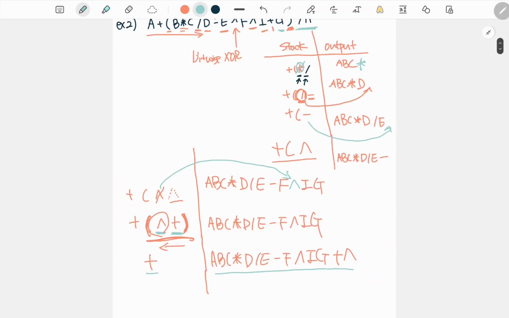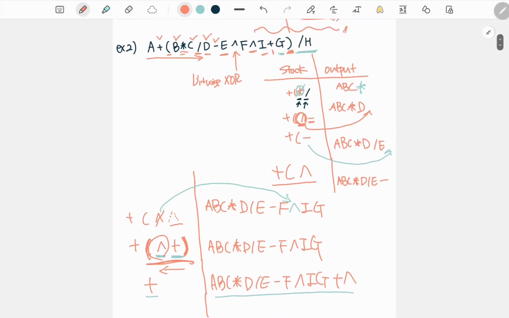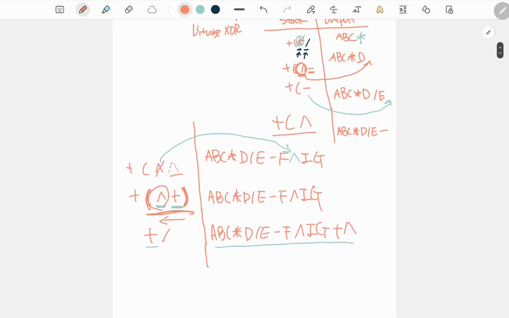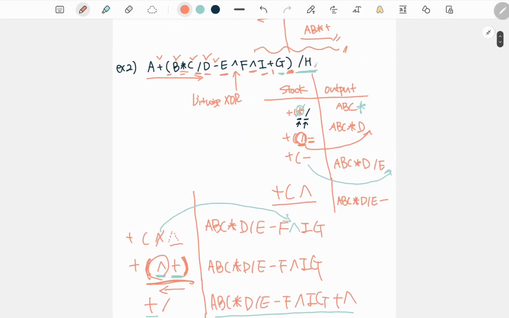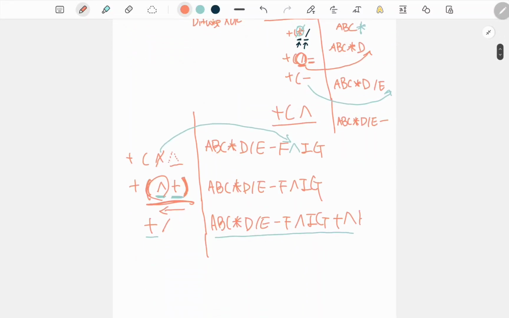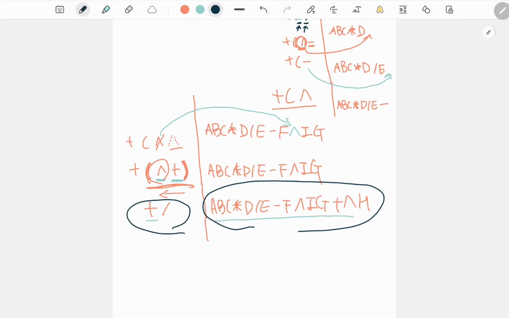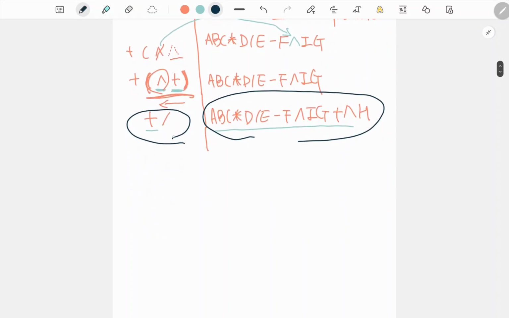So the division comes here. Yes, the division comes here, and then we put H here. Now we have this as our final level in the stack and output, so we have to pop these out, right?